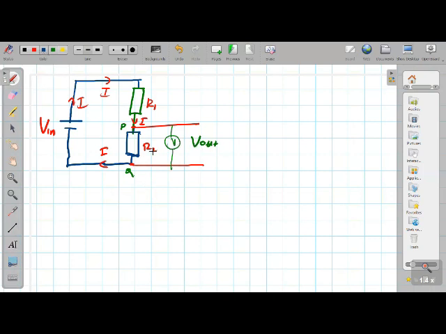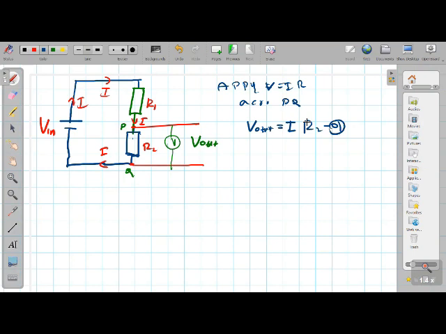We know one thing: I can apply V equals IR across PQ. So what can I write? V out equals I times R2. Equation number 1. Can you understand that?